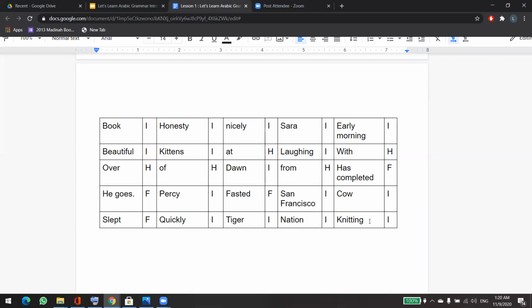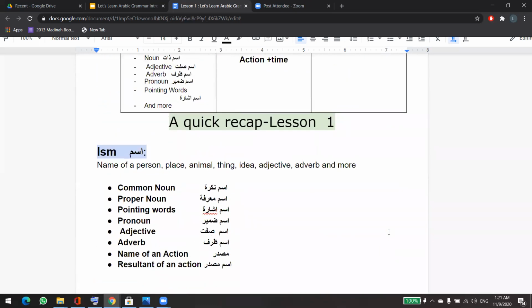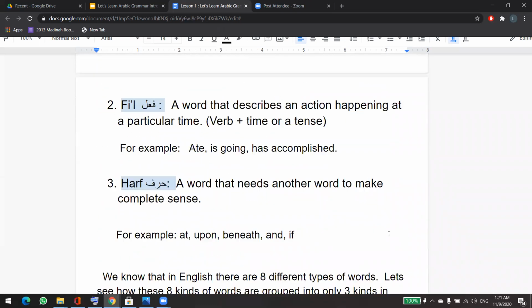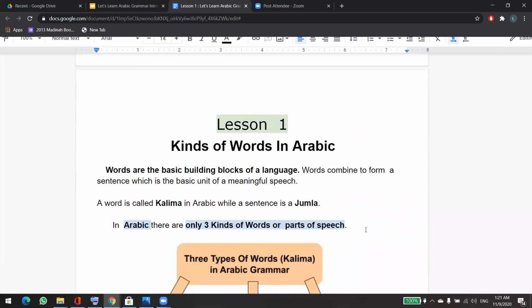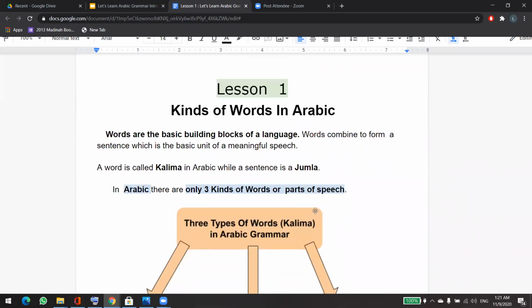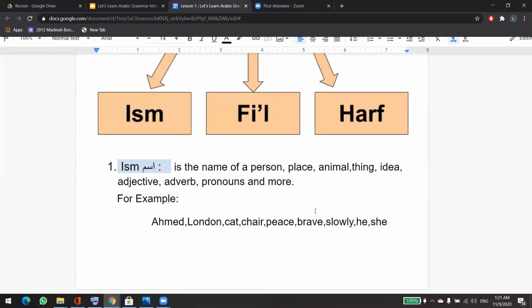So over here, because there's no time mentioned, it's an ism. Okay, so that's the end of lesson 1. If you have questions, you can ask in the group, and inshallah we are going to learn more about ism in the second lesson onwards.